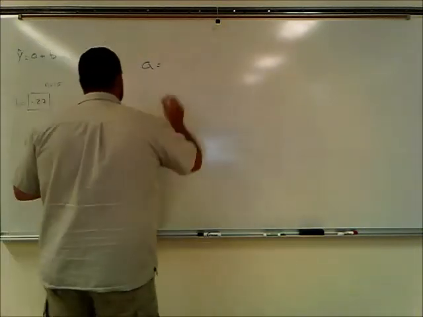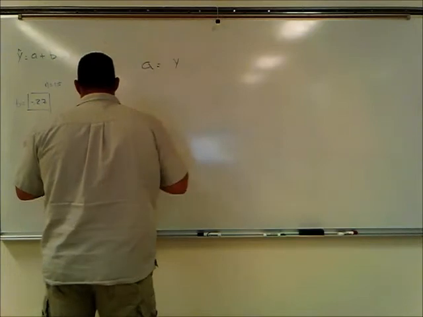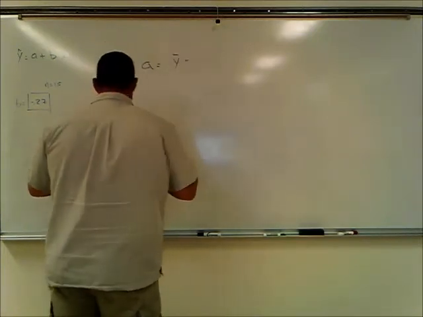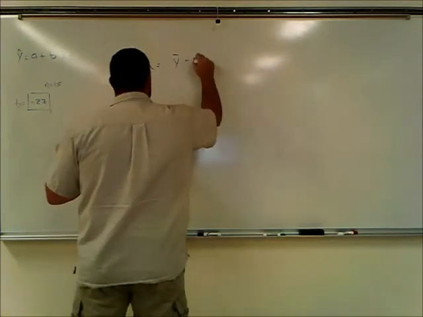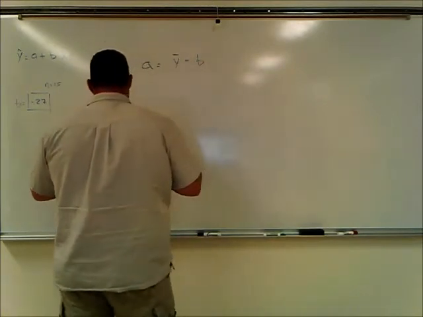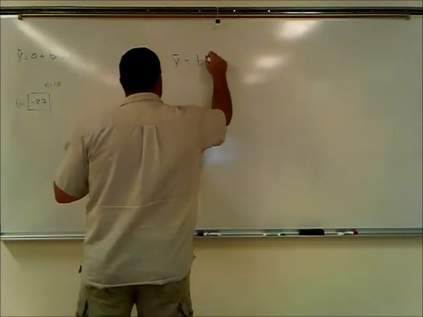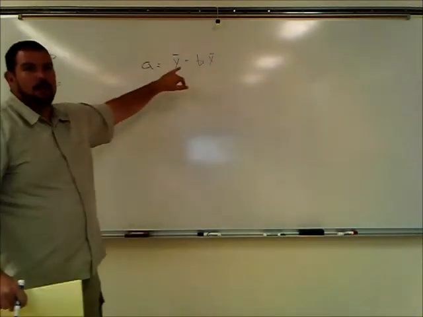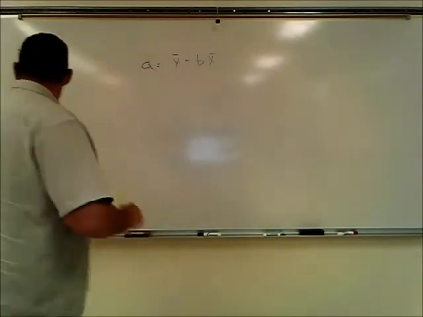Because the equation for the intercept is we take the average score for y minus the slope times the average score for x. Again, y bar, x bar, the average for y, the average for x.